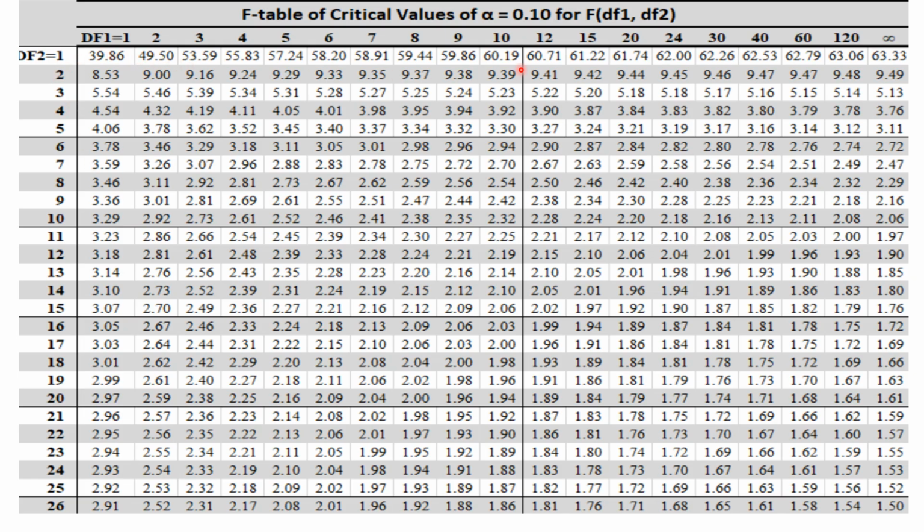Here is the F table for alpha 0.10. Similarly, we can have F table for alpha 0.05 and for other values of alpha also. Here it is df1 and df2. df1 is in row and df2 is in column.